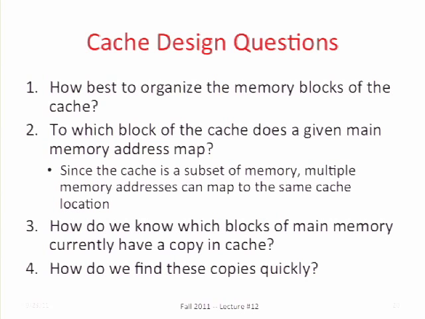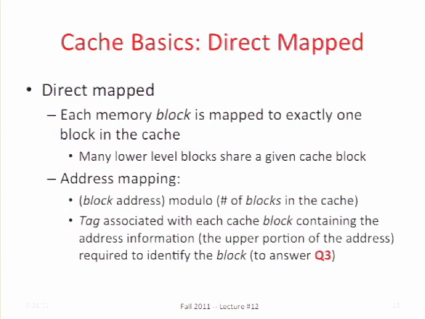So, you have some particular byte that you want to get at. You look to see if it's in the cache. If it's in there, great. If it's not, you have to go out to memory and get it, and there's only one place you're allowed to put it in the cache. Why is that? Because then it's going to be really easy to find. So that's what a direct mapped cache does.